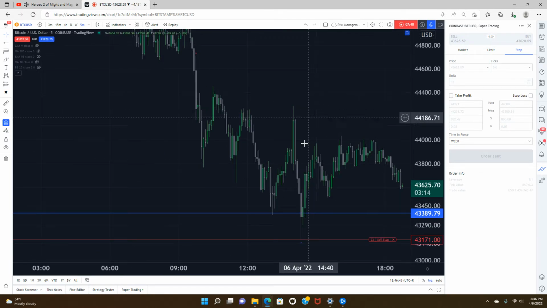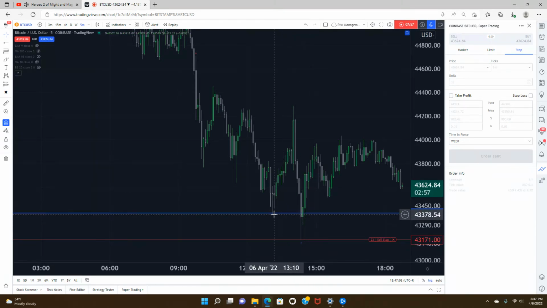So here, price hits that level, runs up, and then it runs up above these highs, just above, stopping anybody who has a stop above there, and then runs down and reaches for the level again.